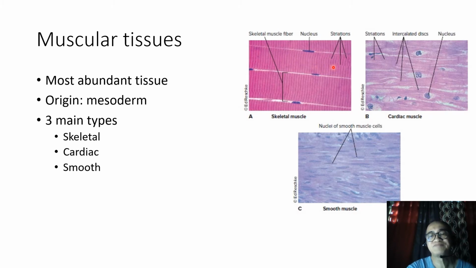Then the cardiac muscles are mainly made up of branching, elongate, striated cells which have nuclei that are often centrally located. So, branching, striated muscle fibers that have nuclei that are centrally located.